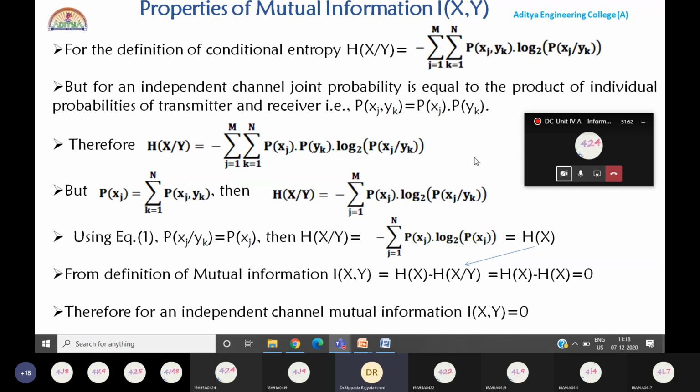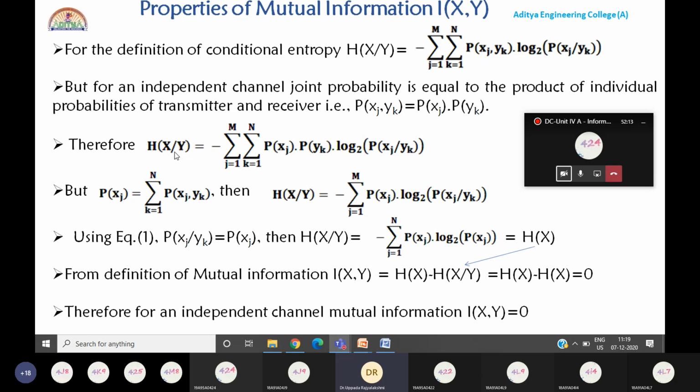So now please replace P of xj comma yk as P of xj into P of yk. That you can see from the next point.